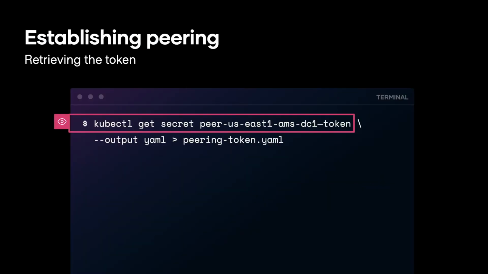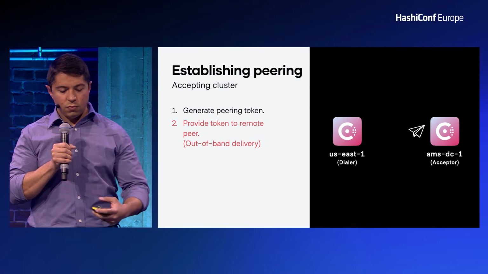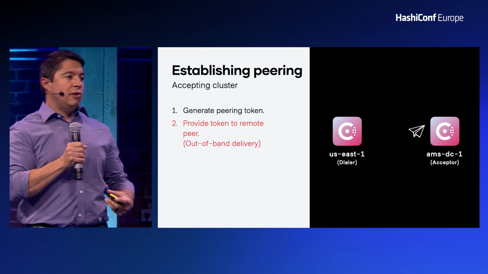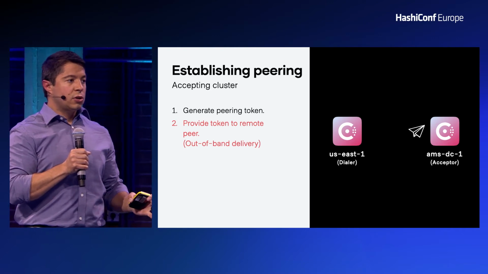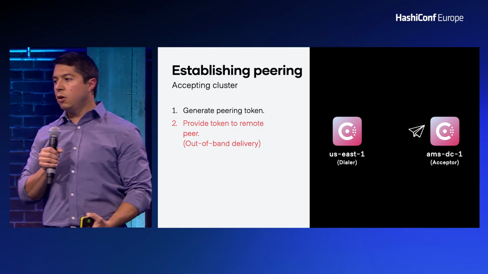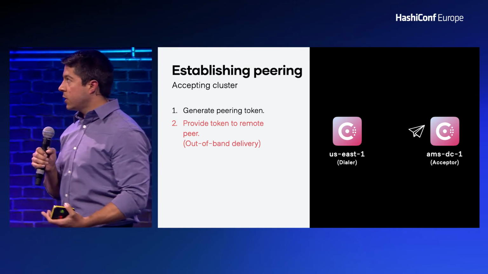Next, after the token is generated, we have to export it to a file so we can provide it to the other cluster. We'll do that using kubectl get secret and save that to a file. Then the token needs to be transferred securely to the other cluster operator using some kind of out-of-band secure delivery method.